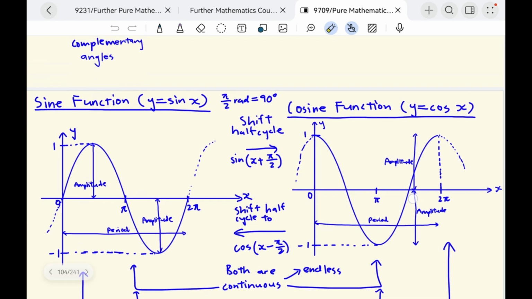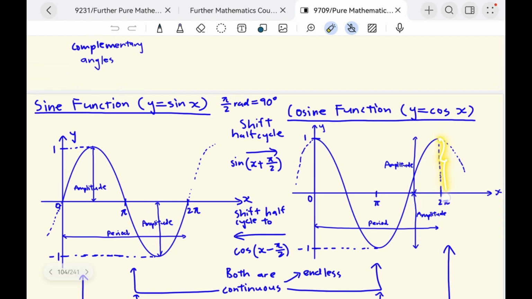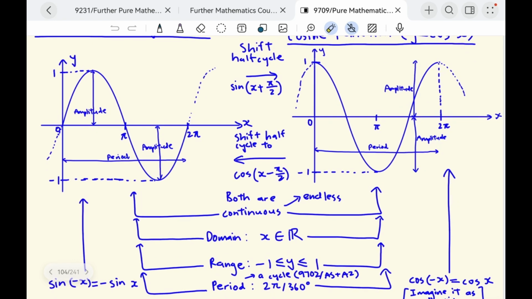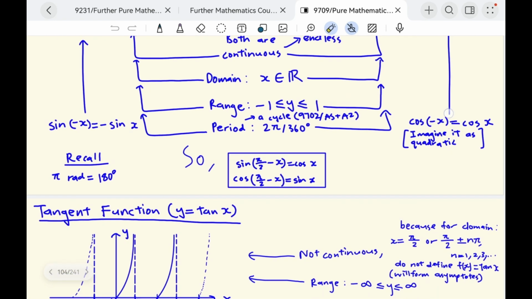So this distance is the amplitude for the cosine graph. In physics, you have to define what is amplitude and what is period, but in mathematics, we don't learn this.